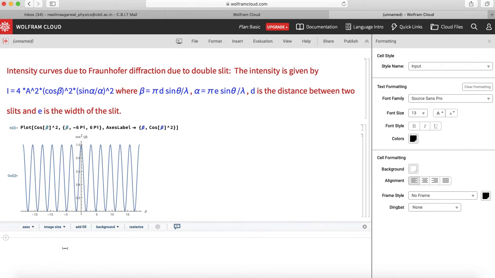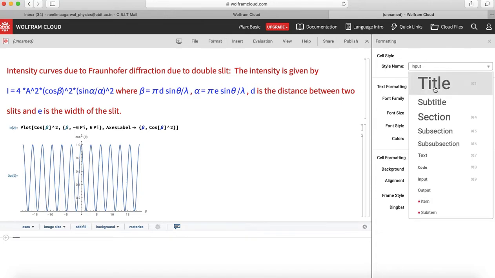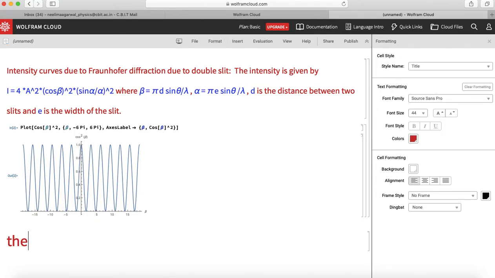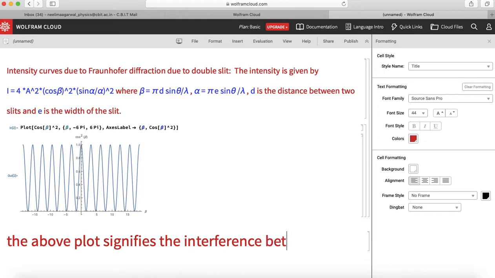Now, what does this signify? We can write a title using format input. The above plot signifies the interference between two slits.